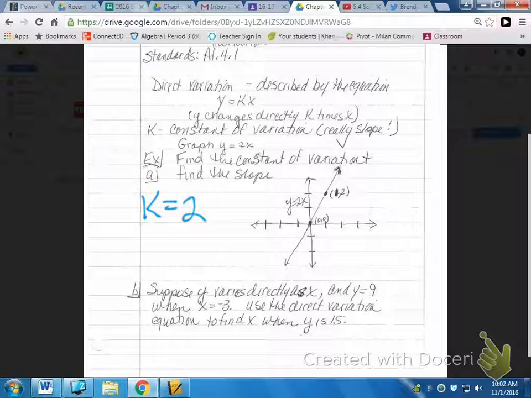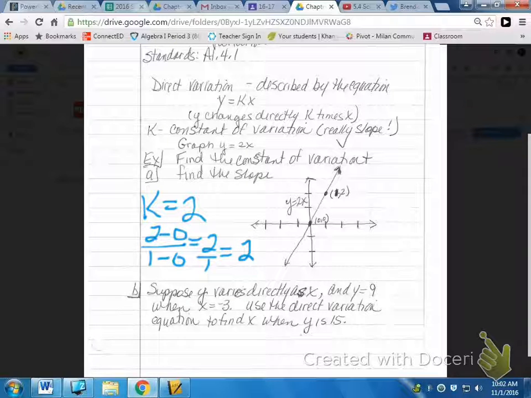And what is the slope? Well, since it's written in that form, it better be 2. But if they give you these 2 points, then let's look at it. It goes through the point 0, 0. It goes through the point 1, 2. So if we did the slope formula, y2 minus y1 over x2 minus x1, using the points 1, 2 and 0, 0, we get 2 over 1, and the slope comes out to 2.